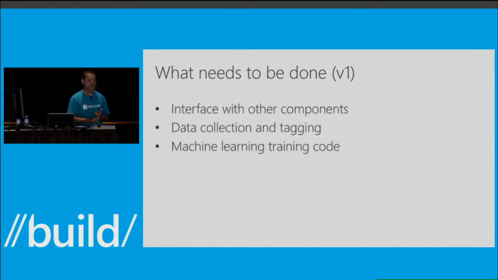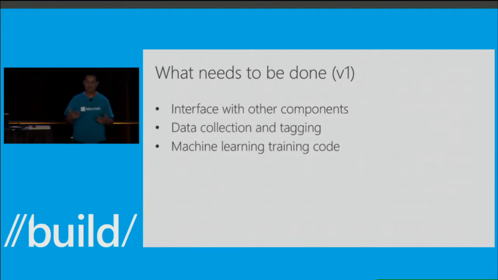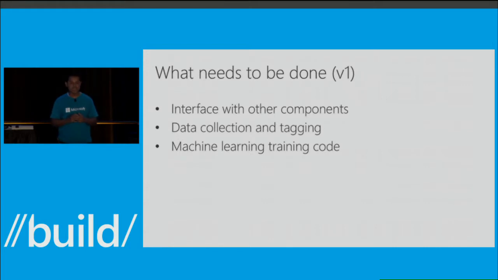First, we have to define the interface with other components. And whoever has been in this area of gesture recognition, interaction recognition knows that you can discuss forever if you do one single recognizer that recognizes everything, or if you do one recognizer that recognizes something, and another recognizer that recognizes something else, and those work together.